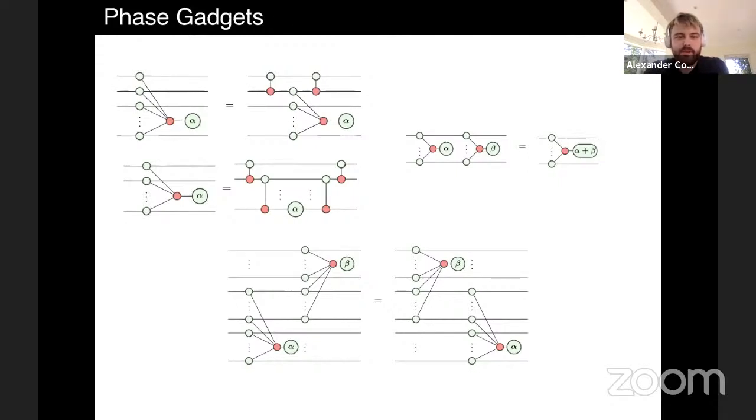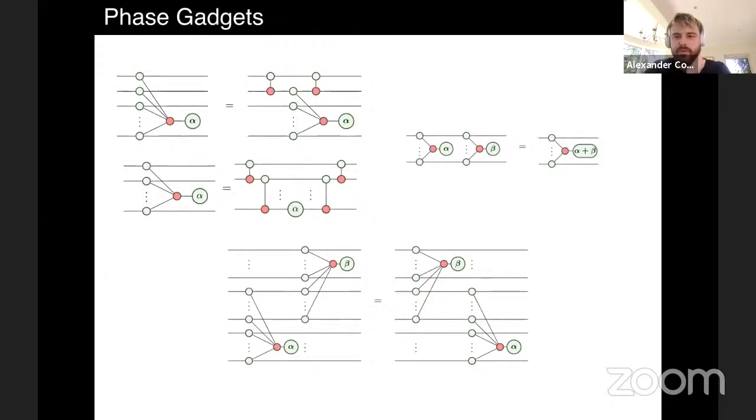So on the top left, we have some decomposition rules where we have a phase gadget which can be decomposed into C-naughts, iteratively, step by step. And on the right, we have a merge rule for phase gadgets and a commutation rule as well.